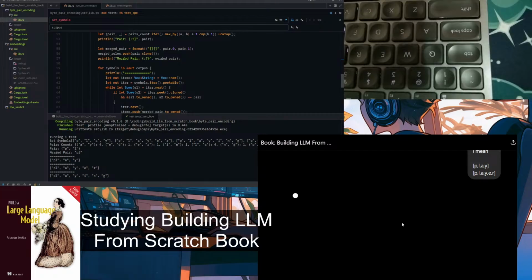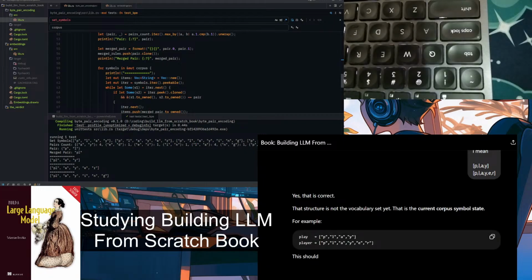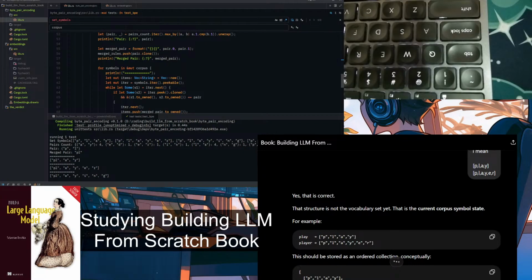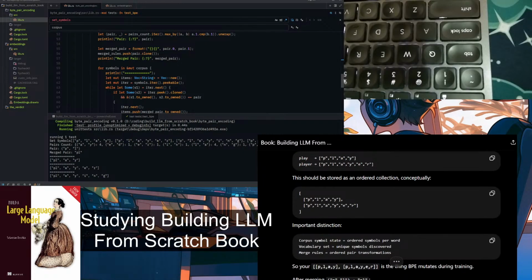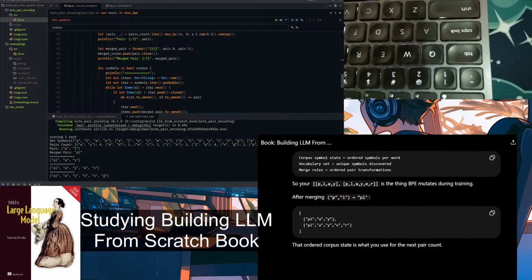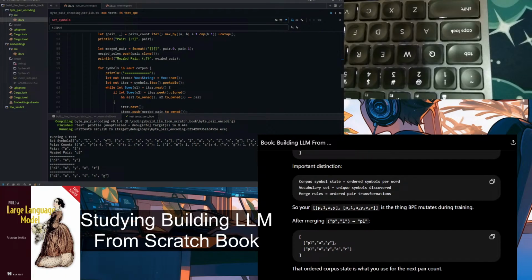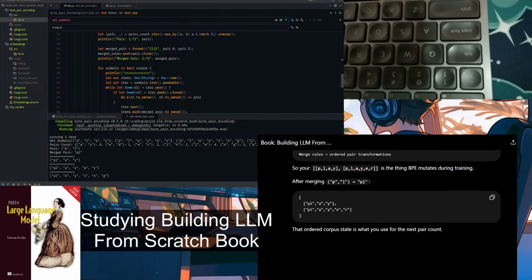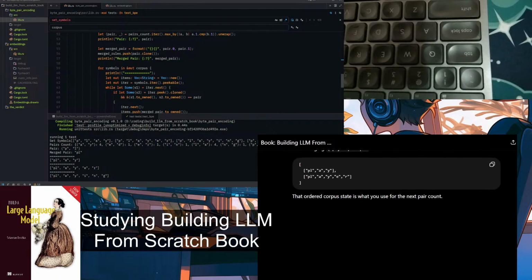I'm trying to implement the byte pair encoding tokenization method from scratch based on the book. This one. That is the current corpus symbol state. Is the BPE state during training after merging the ordered corpus?